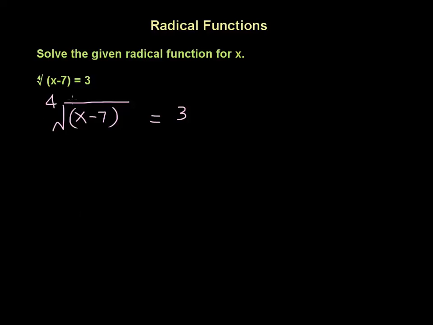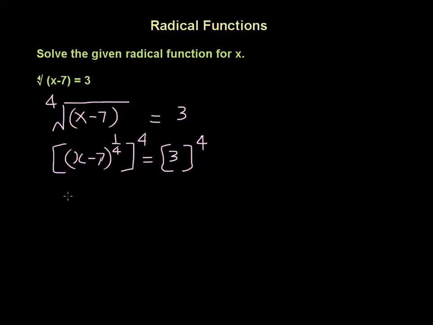You have to remove this fourth root here. So I can rewrite this as x minus 7 to the power 1 by 4, and this will be 3 on the right side. Now I'm going to do a fourth power of this, so I'm going to put a power of 4 on both sides, because I have to do the same operation on both sides.